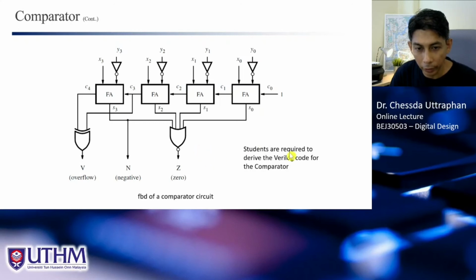And you are required to derive the Verilog code for the comparator. So this is your homework. So go back, try to write the Verilog code for this. This is not that difficult because you know already how to design the full adder, 1-bit full adder, and also you know already how to use this full adder using hierarchical design methodology to connect this adder to this adder, and this adder, and have logic gates like this, and have an extra NOT gate like this.